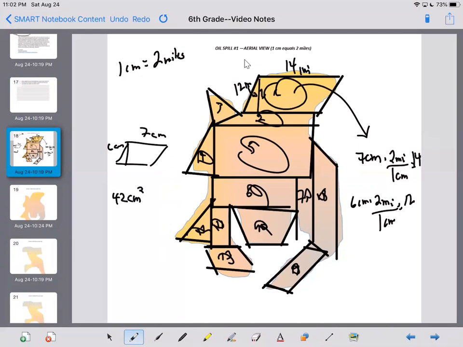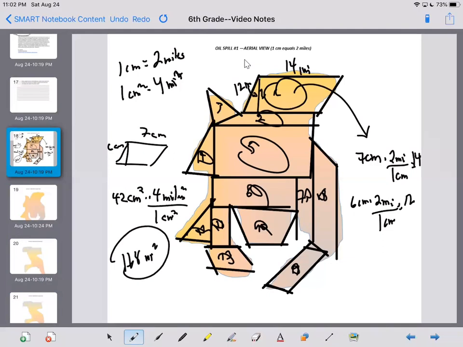Well, they can also square this, and 1 square centimeter would be 4 square miles. So now you're multiplying 4 square miles and 1 square centimeter. So now it's 42 times 4, and you would get 168 square miles. Well, that would be the same thing that you found if you multiplied 14 and 12. So anyway, that is one way to look at that.